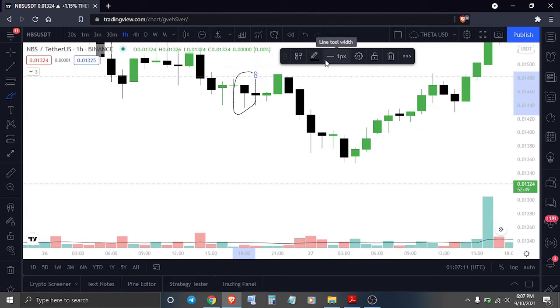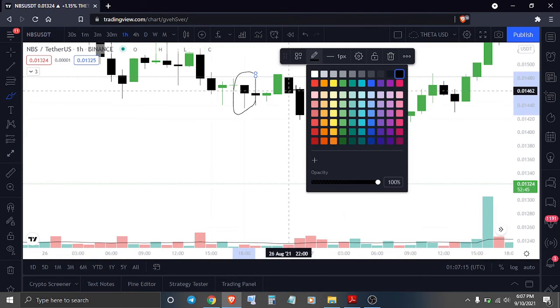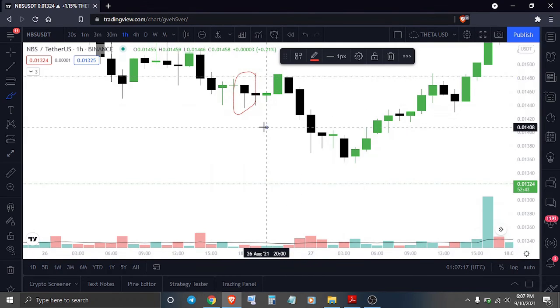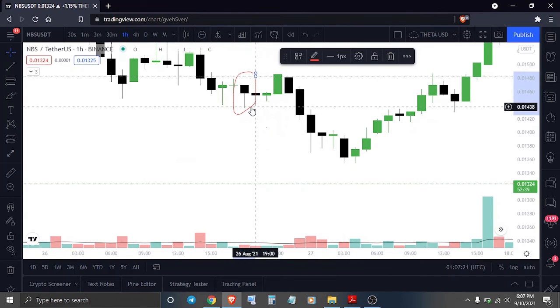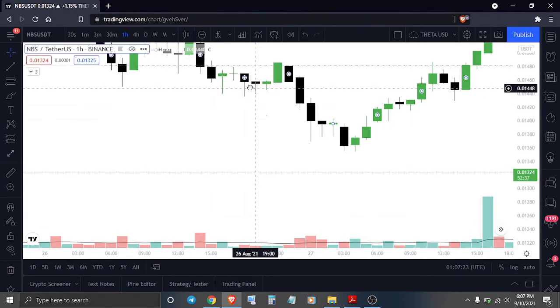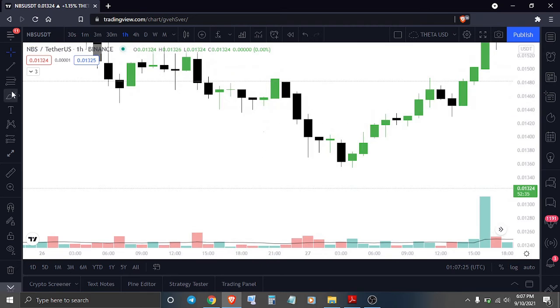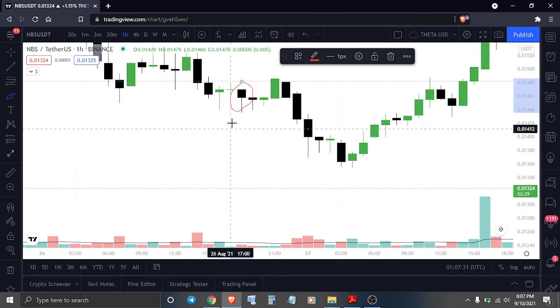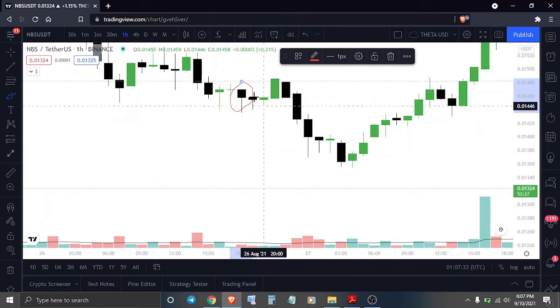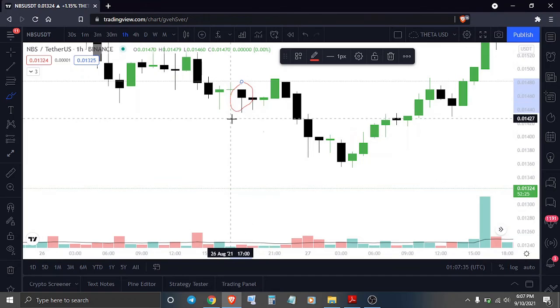So you just don't get confused about this whole procedure. I'll be showing you more of all these candlesticks and how you can use them to predict the market.